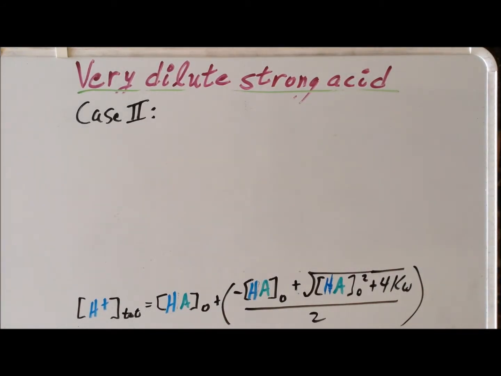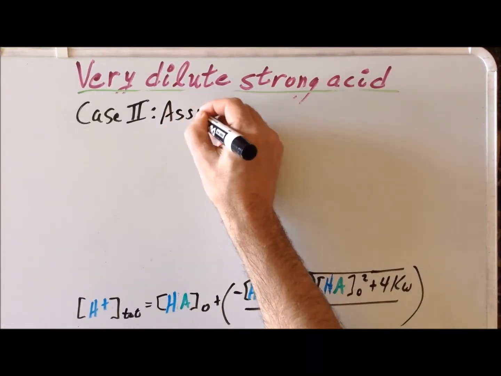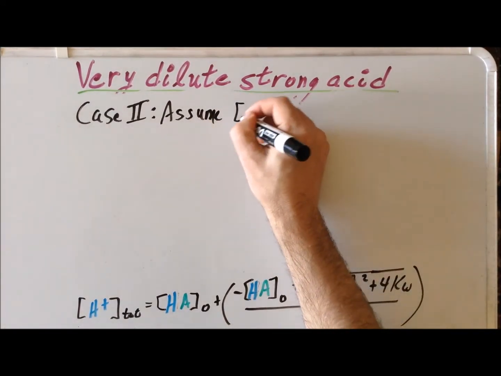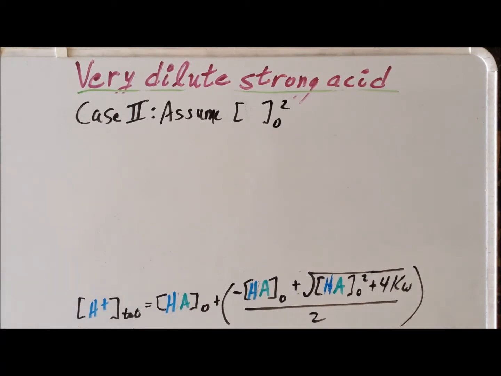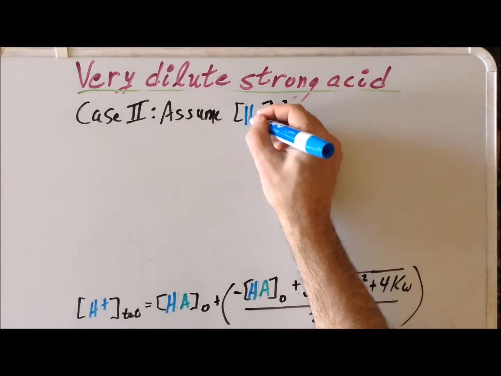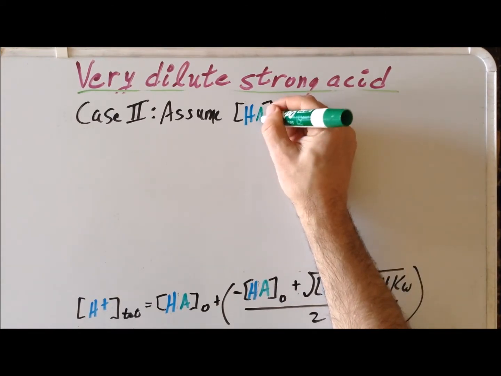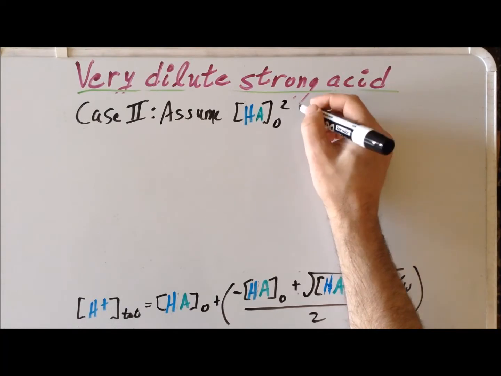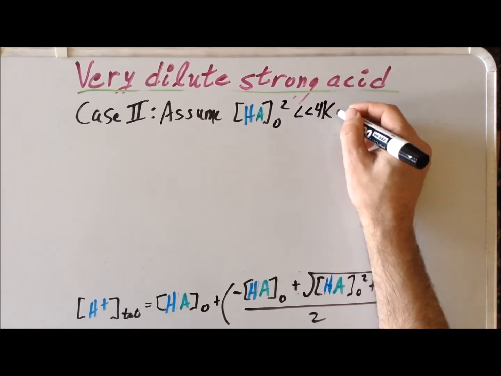So now let's make the opposite assumption. So now we're going to assume that the concentration of HA squared is much smaller than 4 times kW.